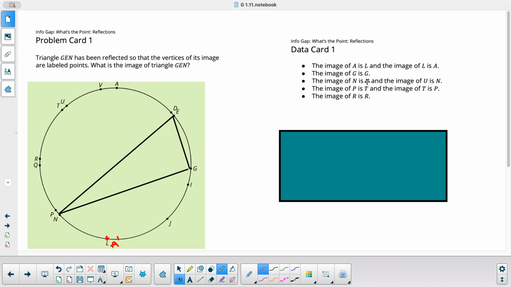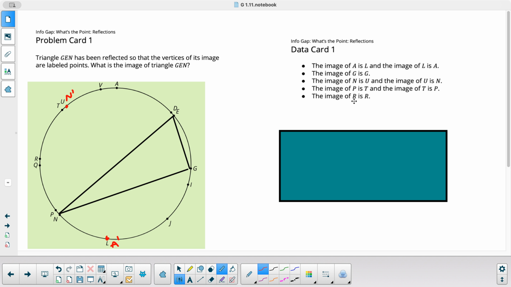The image of N is U. So here, think of this as N prime right here. So my line of reflection is somewhere over here.